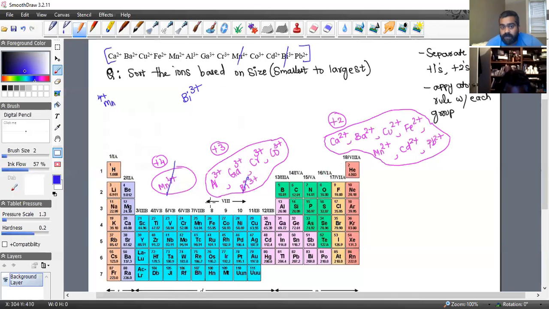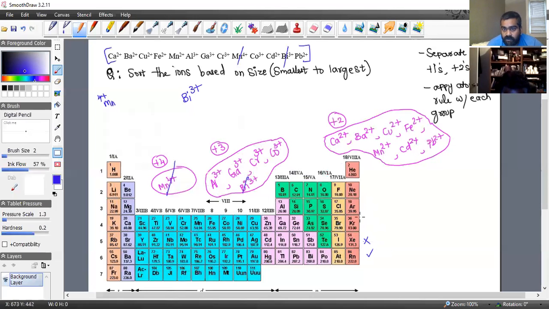Now, we're done with row 6 for +3s, right? Moving on to row 5. Is there anything else in row 5 that's in that +3 list? I don't think so. Okay, so put a cross mark, means we don't have anything in it.